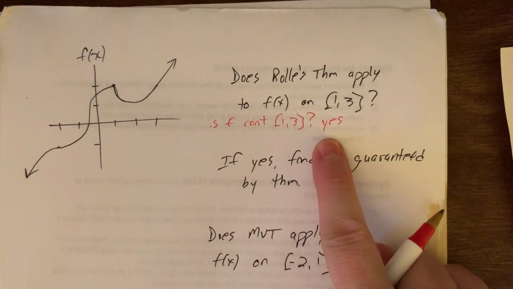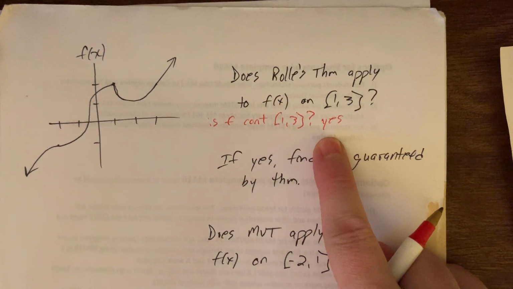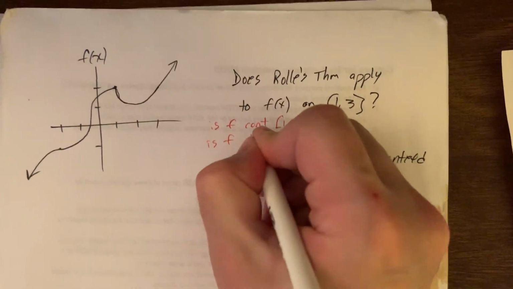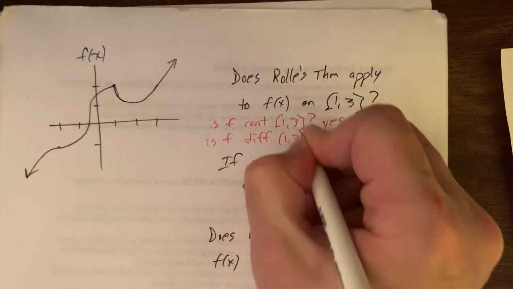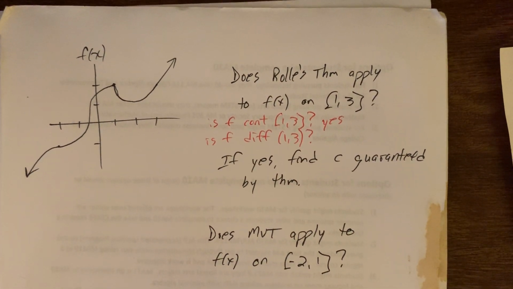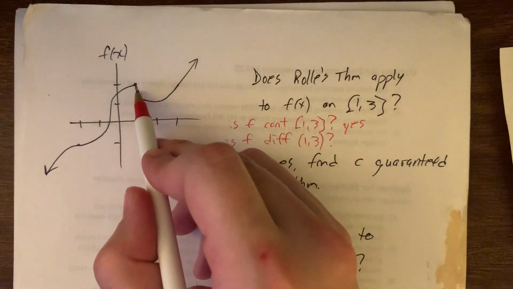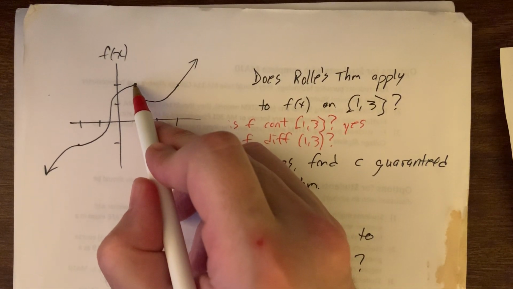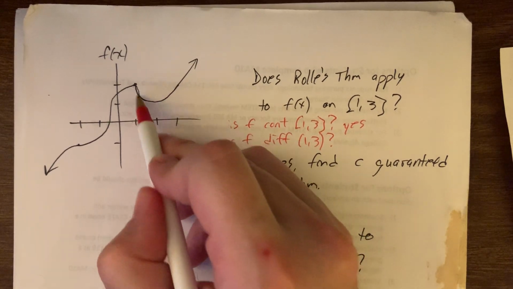And especially with the graph, there's nothing else to say. We look at it and we see that it is. Similar with the next one. Is f differentiable from 1 to 3? And the answer, once again, is yes. Now, I don't know if you could tell, I was trying to make a sharp point right at 1. But that's still not an issue here, because it's all about the inside.